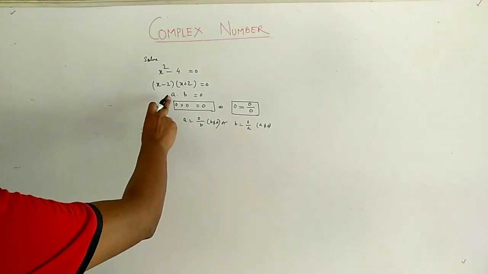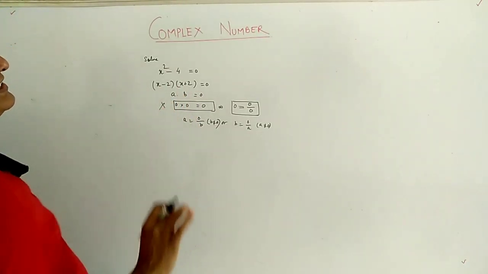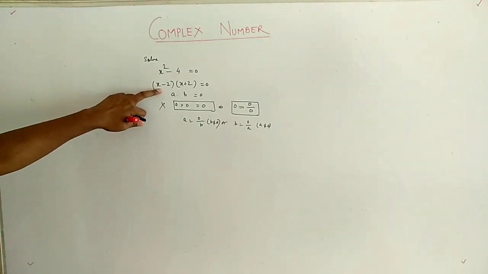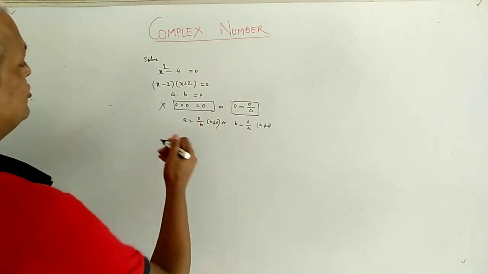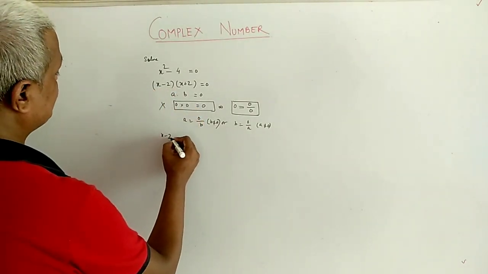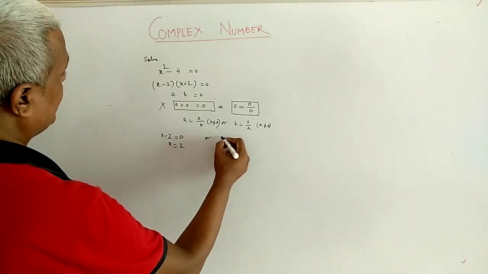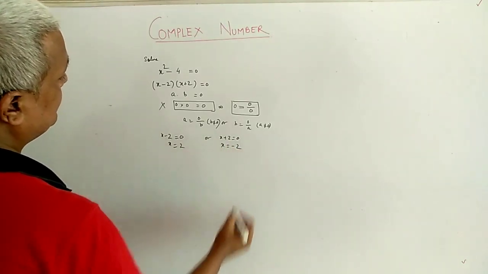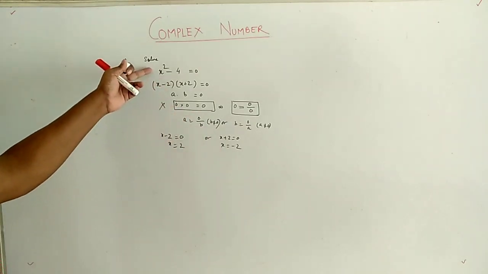So if a times b is 0, we assume either a is 0, like either x minus 2 is 0, and at that time I am assuming that x plus 2 is not equal to 0. So if x minus 2 is 0, then x is 2, or if x plus 2 is 0, then x equals minus 2. So we get two real numbers, and this is the answer for this solution.